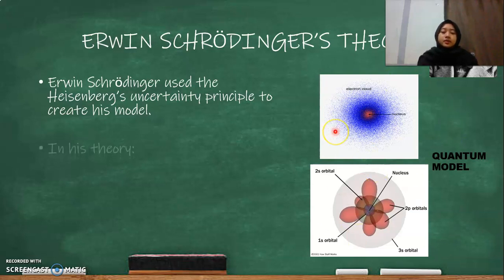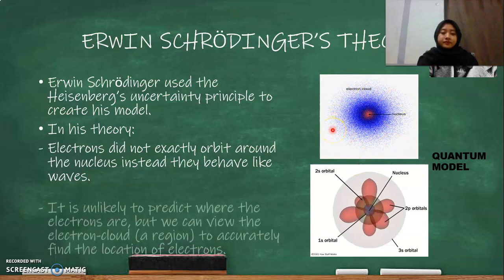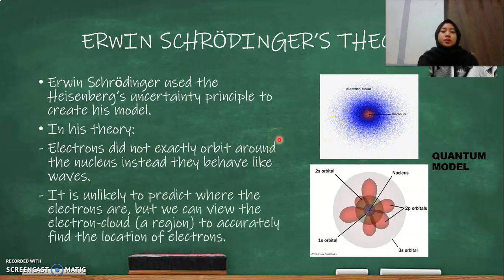In his theory, electrons do not exactly orbit around the nucleus. Instead, they behave like a wave, like the first diagram here. It is unlikely to predict where the location of the electrons will be, but we can view the electron cloud, which is a region where we can find the electrons.